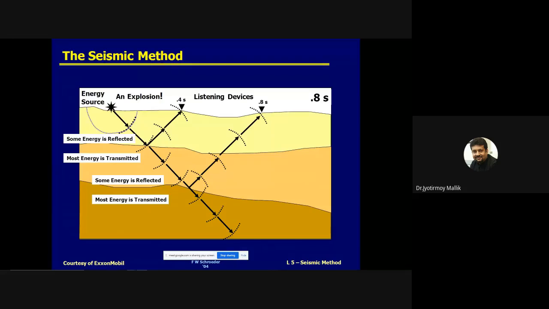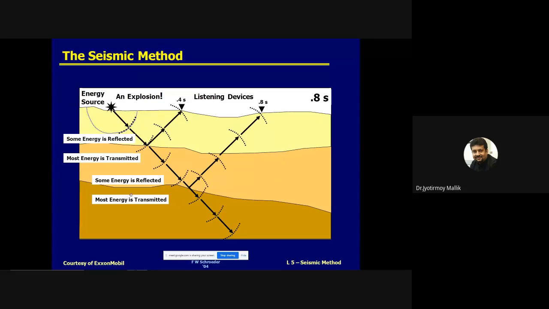Acoustic impedance is nothing but the product between the density of a particular layer and the velocity of the elastic wave through that layer. So if the rho 1 V1 is different than rho 2 V2, then it would see that transition being a boundary. And then it will act accordingly depending on their contrast of acoustic impedance.